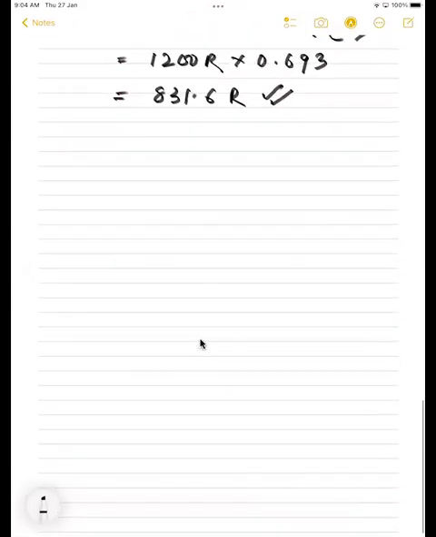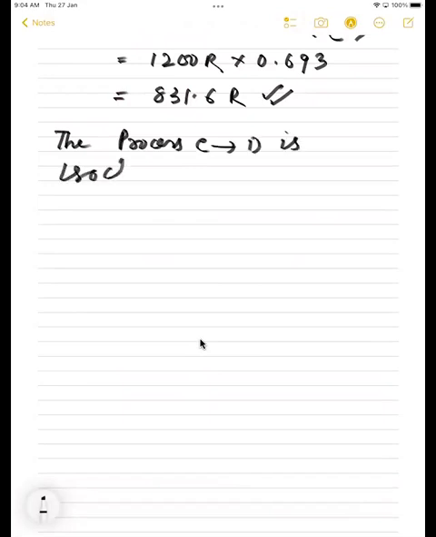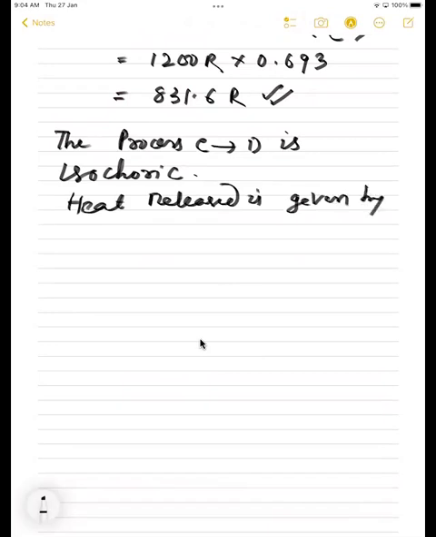So we'll put Q is equal to n Cv dT. The process C to D is isochoric, and heat is released, given by Q3 equal to n Cv dT.